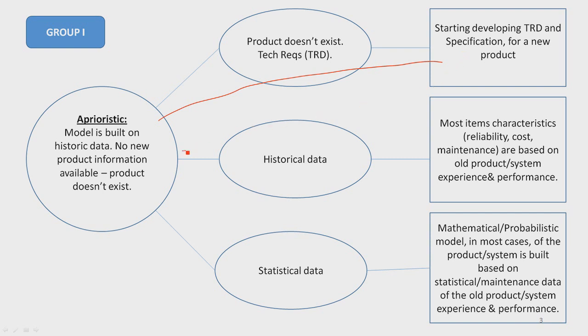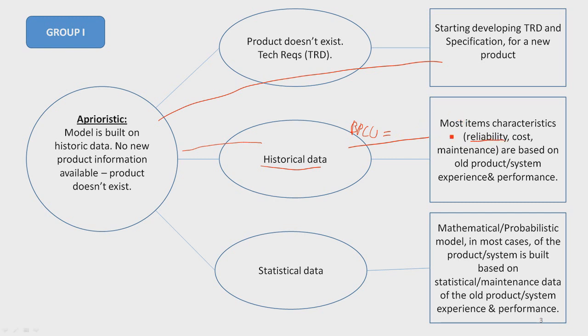Number 2 item I put historical data, and most items, characteristics, reliability, cost, maintenance are based on old product system experience and performance. Let's say we have BPCU, bus power control unit, and we have, let's take reliability, right?